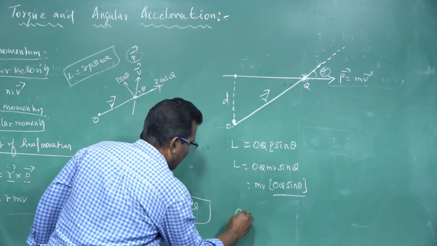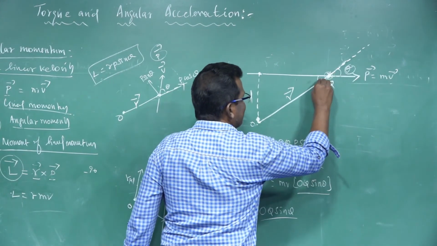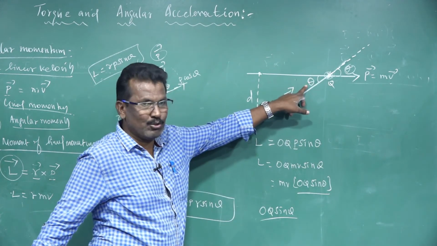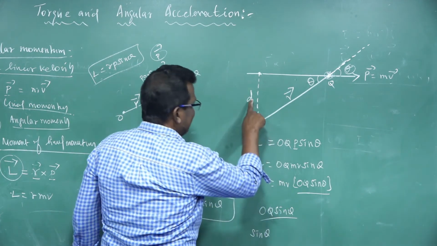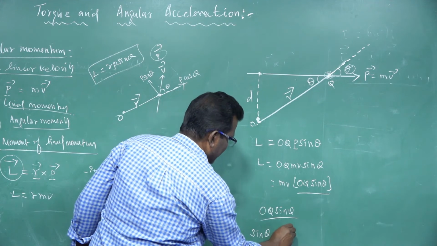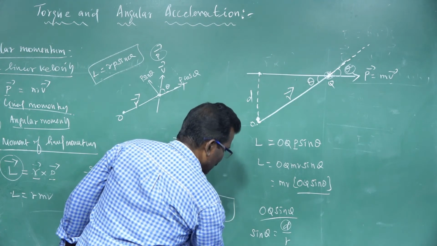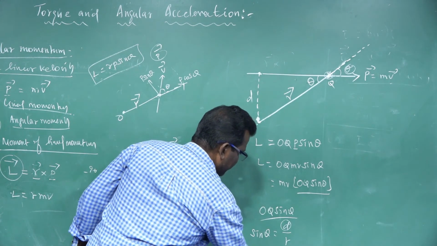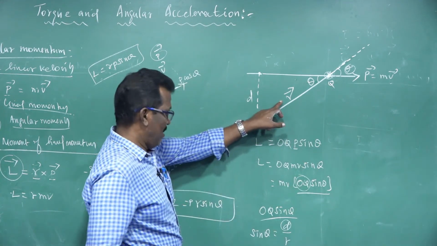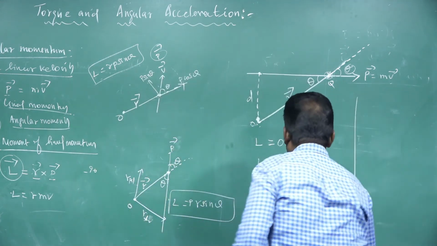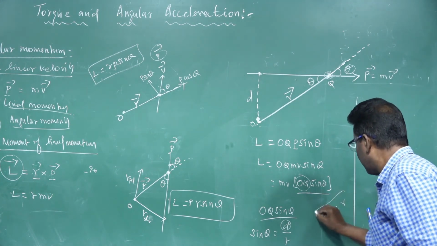What is OQ sin theta? This is theta, and this is also theta. In this triangle, sin theta is opposite divided by hypotenuse, so d by r. So d equals r sin theta, where r is OQ.